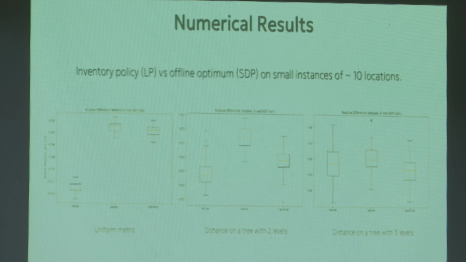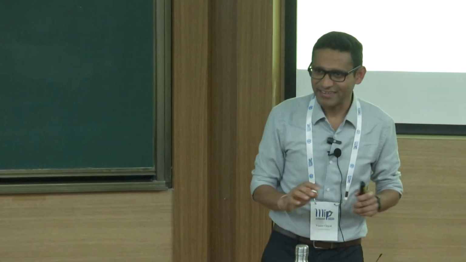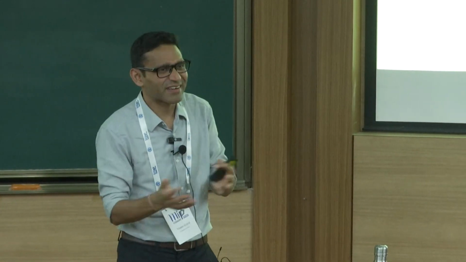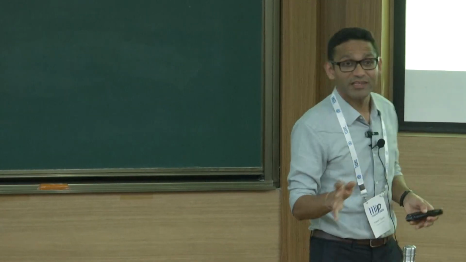We computed the inventory solution from the SDP, computed the inventory solution from our policy, and then tested it on a normal distribution with that mean and variance, a gamma distribution with that mean and variance, and a log normal distribution with that mean and variance. This is not the worst case objective I'm showing you, but distributions of real interest. And we were within 6% relative gap compared to the policy from that lower bound.